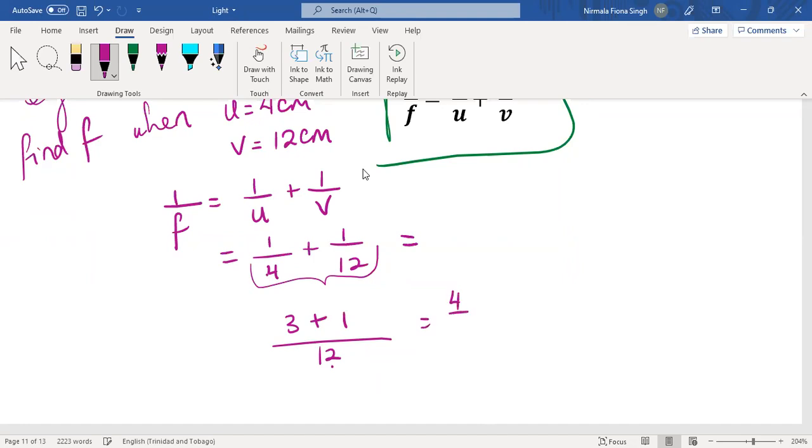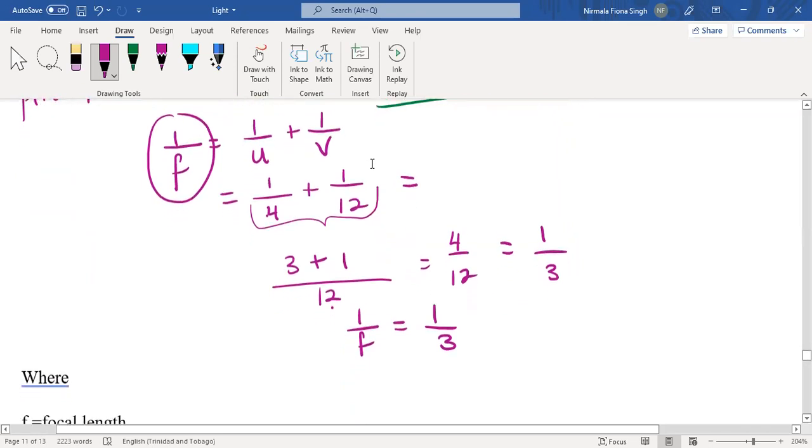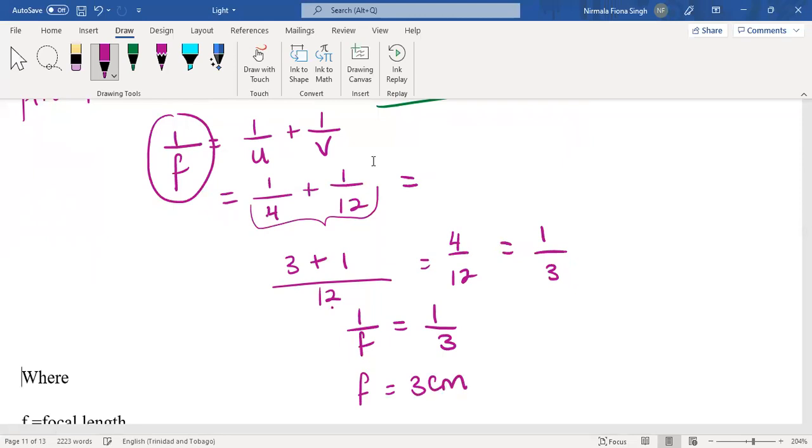So you're going to end up with 4 over 12 or 1 over 3. This is not our final answer because this is telling us what 1 over f is. So if 1 over f is equal to 1 over 3, all we have to do, folks, is invert our numbers. So f is equal to 3 centimeters.